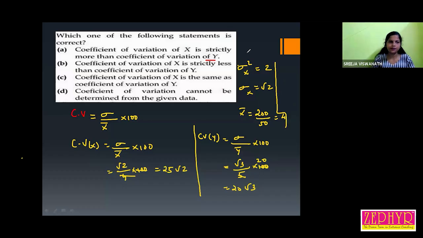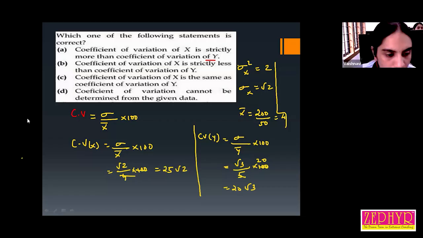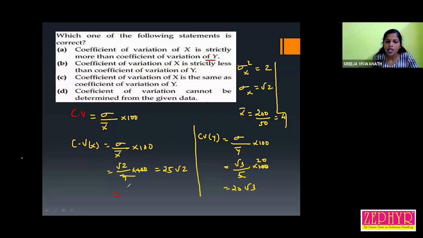Which one is greater? Root 2 you can use 1.41, root 3 you can use 1.73, and you can calculate which one is greater. 25 into 1.41 is 35.25.